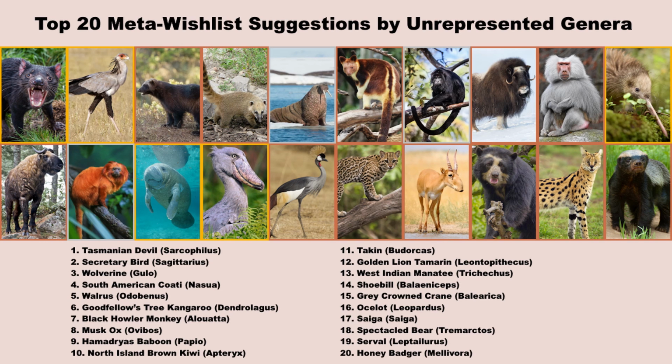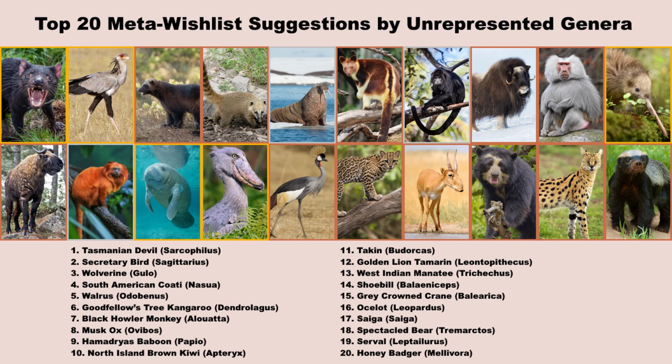Hamadryas baboon, definitely would like some more representation of primates, but it only pops up in genera because it is the old world primates grouping higher than that, so it doesn't appear on the other lists that I made. We get the kiwi come in again, and then the tarkin makes an appearance for genera.